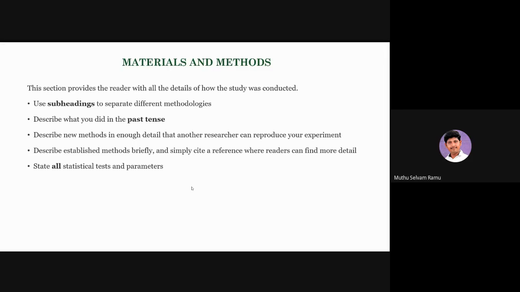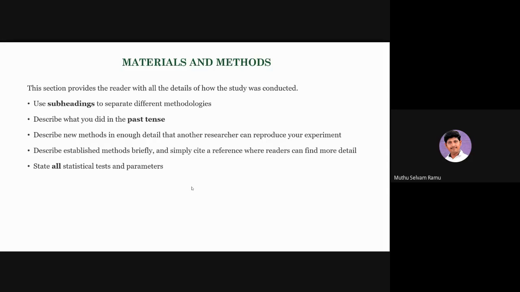So for constructing materials and methods, it should use subheadings to separate different methodologies, and it should describe how he did it in that concept. Everything is described in the past tense, because in materials and methods we have done that experiment, right?